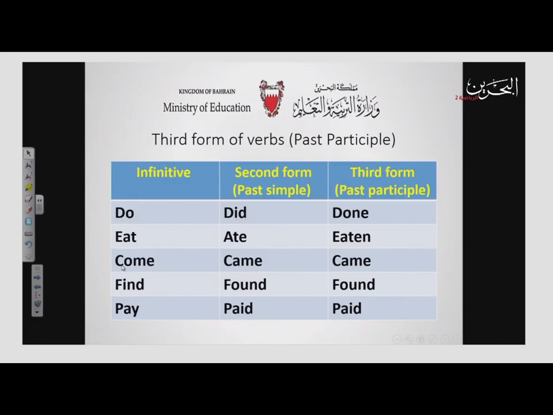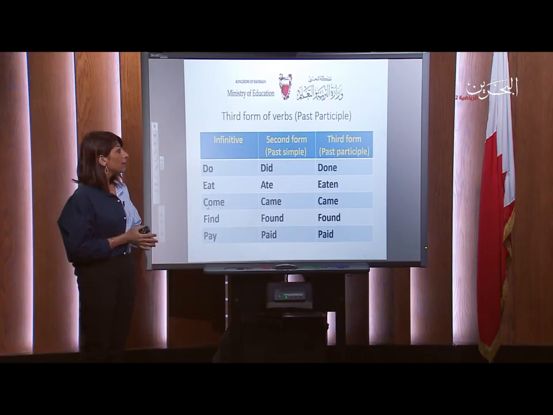Eat, ate, eaten. Come, came, came. In this case, it doesn't change. Then, find, found, found. It's the same. The last one is pay, paid, paid. You can practice more, and you can use your dictionaries to find infinitives, second forms and third forms for the past participle uses. It will help you further in writing.